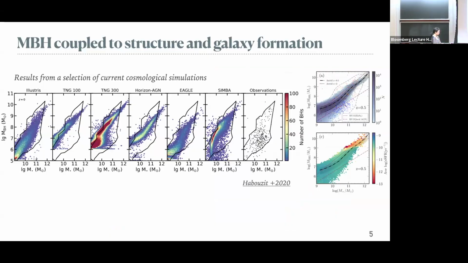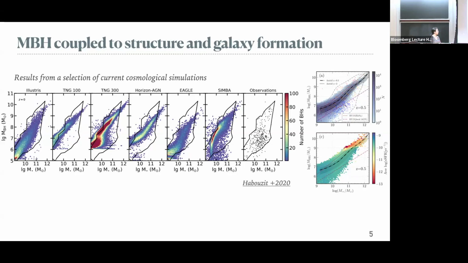Just to give you a broad sense, we are not the only cosmological simulation run to date. This is a previous work by Melanie Habouzit, which summarizes a lot of the recent state-of-the-art cosmological simulations and how different simulations predict the relation between the stellar mass and the central black hole masses. You can see that with different models of stars and AGN, the scaling relation can be different, and even with different resolution, it can be different.